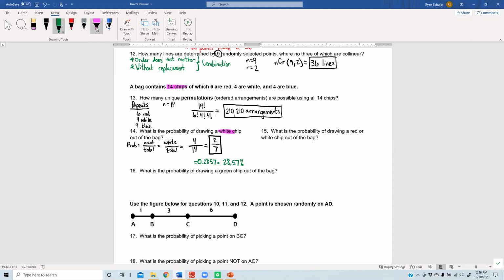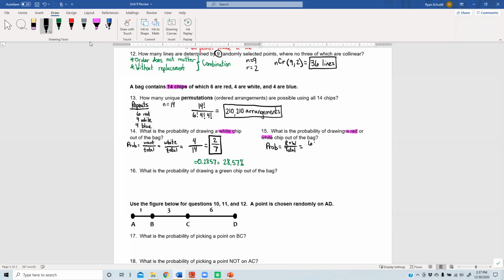Okay, 15. What's the probability of getting a red or white chip out of the bag? So the probability is going to be red plus white over total. So how many red do we have? There are 6 red.